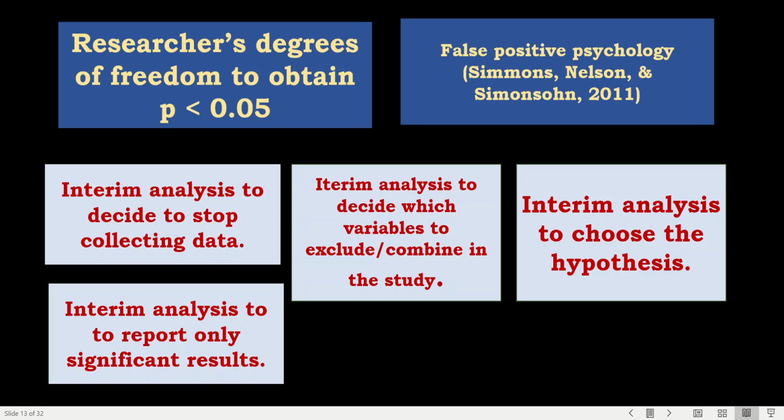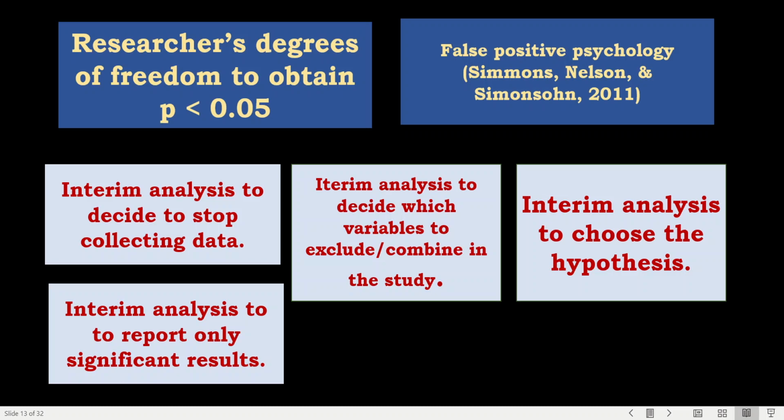If you now obtain a p-value lower than 0.05, you stop collecting data. And if you didn't, then you continue collecting data until you do another interim analysis. And if you obtain a value lower than 0.05, then you stop collecting data.